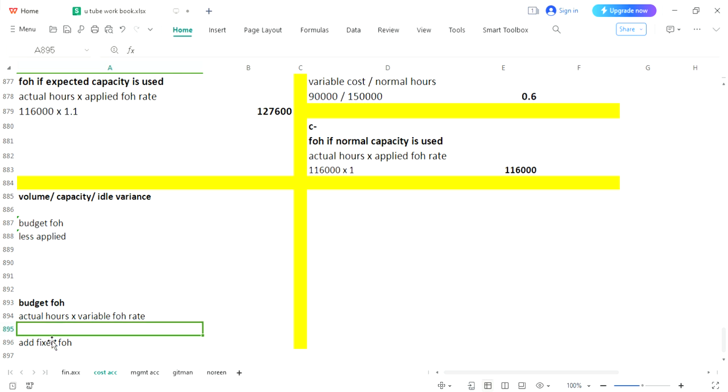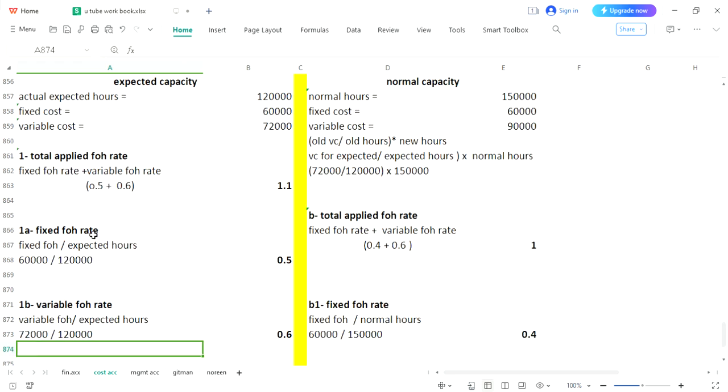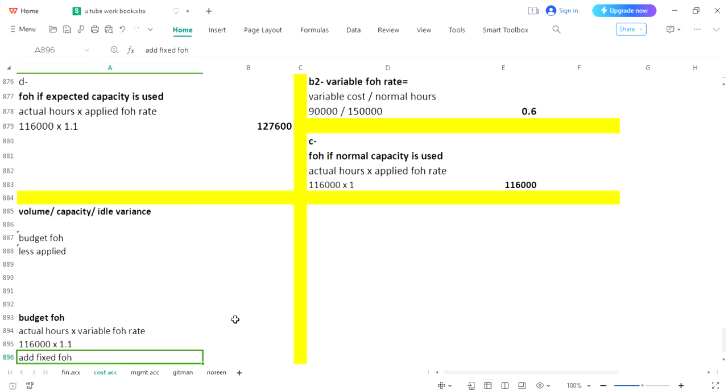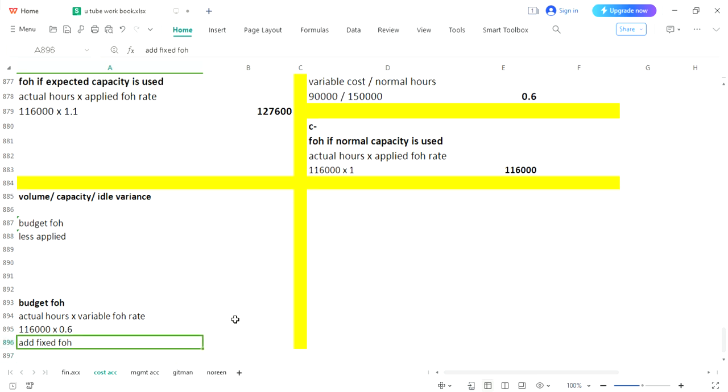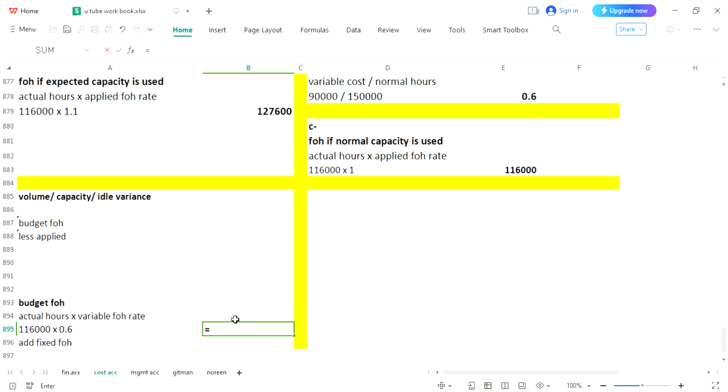Actual hours, as mentioned over here, are 116,000, multiplied by the variable FOH rate. The variable FOH rate calculated over here is 0.6. Statement completed, and then we need to add fixed FOH. First calculate 116,000 multiplied by 0.6. The first item is completed.